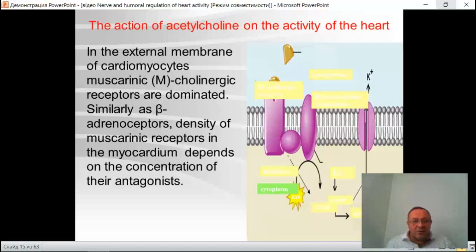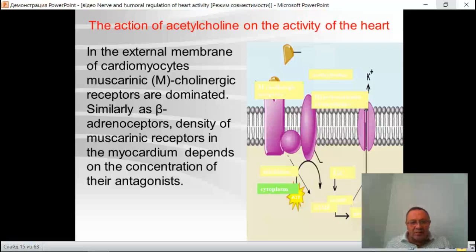Next, information about the action of acetylcholine on the activity of the heart. The mechanism of activation you can see in these pictures.